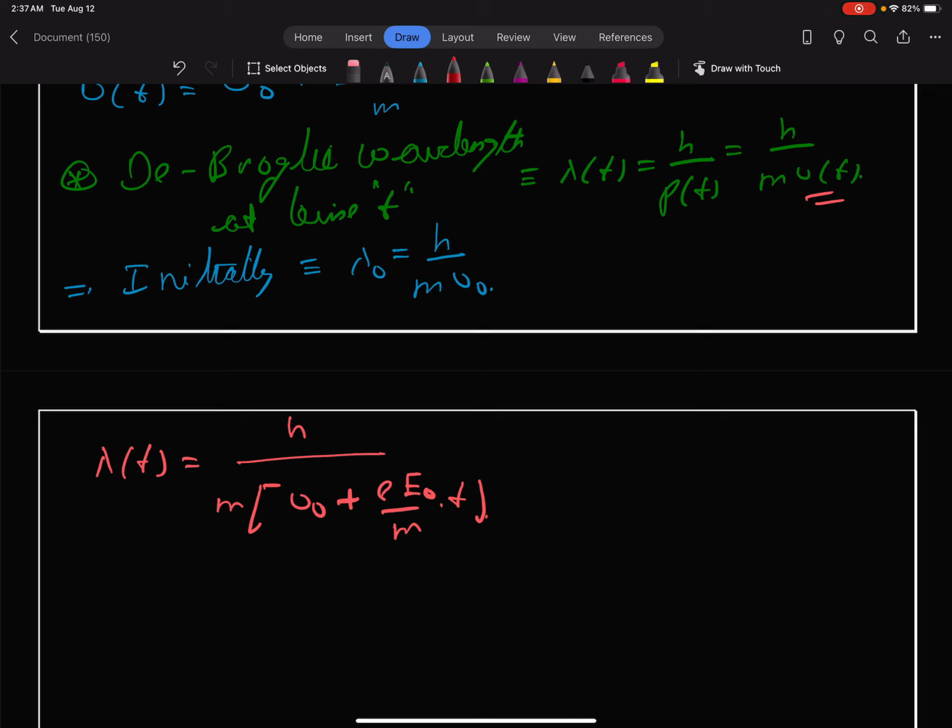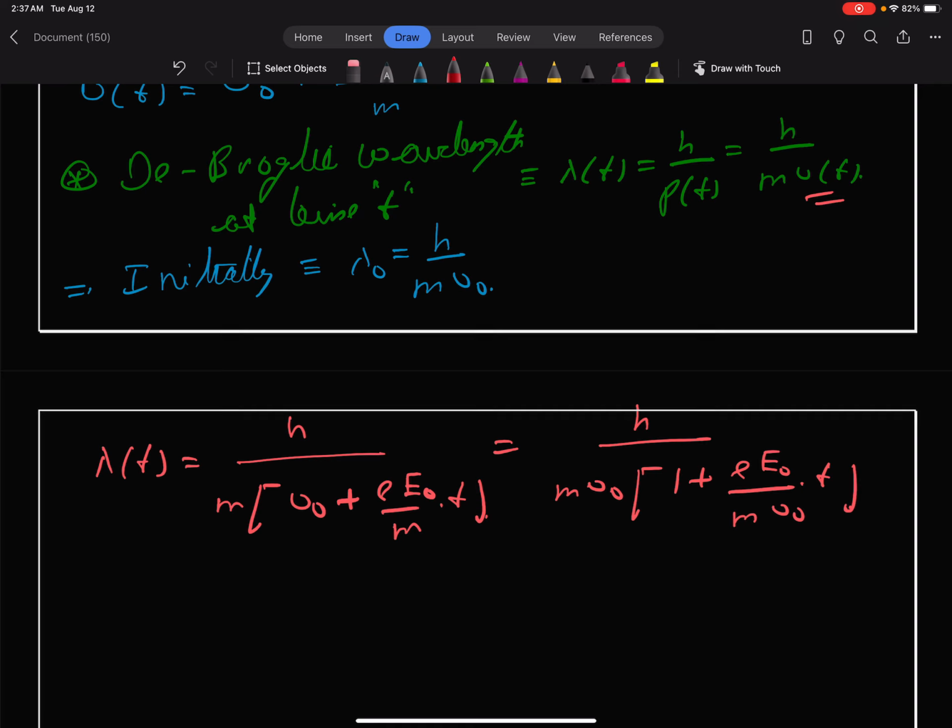And we can factor out v naught. So we get this will be equal to h upon m v naught, and we have this as 1 plus E naught upon m v naught multiplied by t.